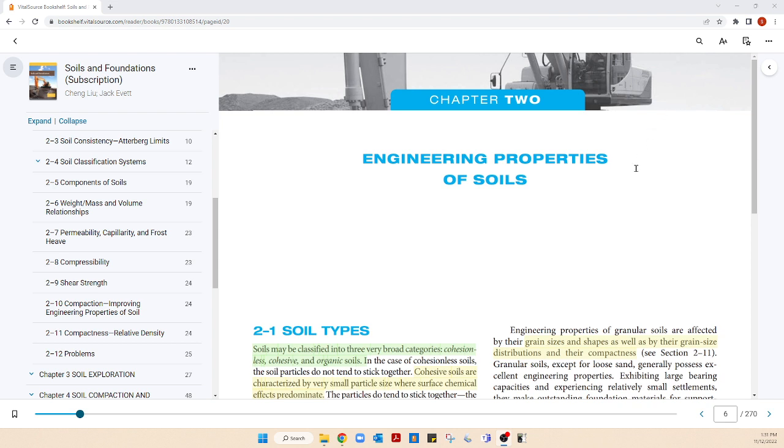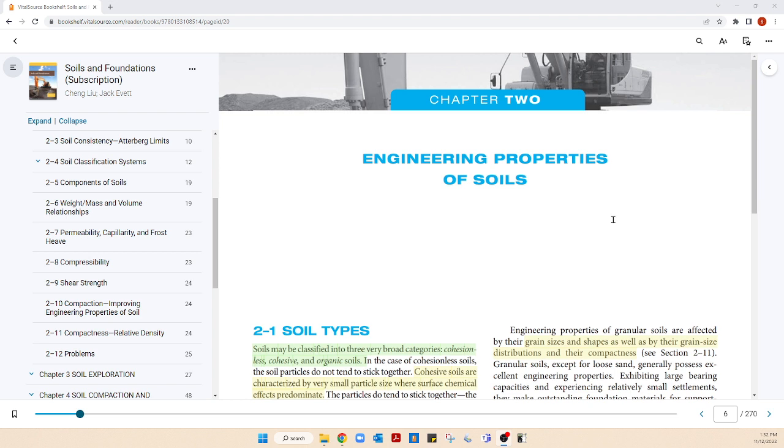There are not a whole lot of people you meet on the street in construction who know how to classify soils according to the two widely used classification systems: the American Association of State Highway and Transportation Officials, the AASHTO, and the Unified System for Soil Classification, or USCS, the Unified System for Classifying Soils.